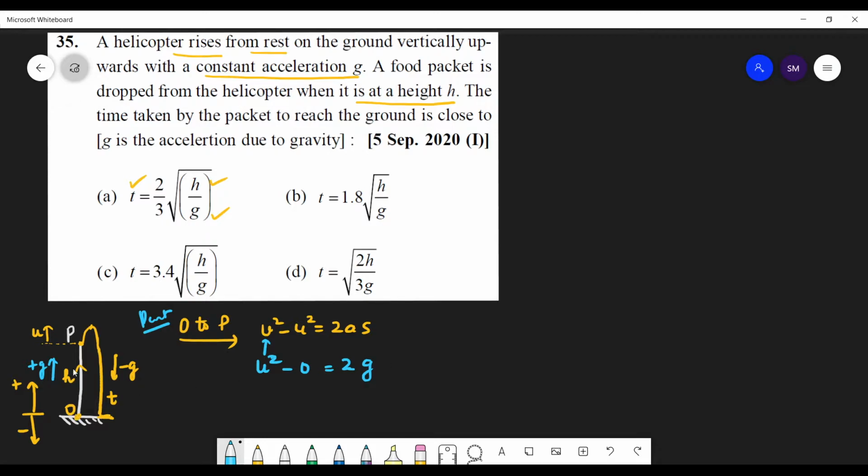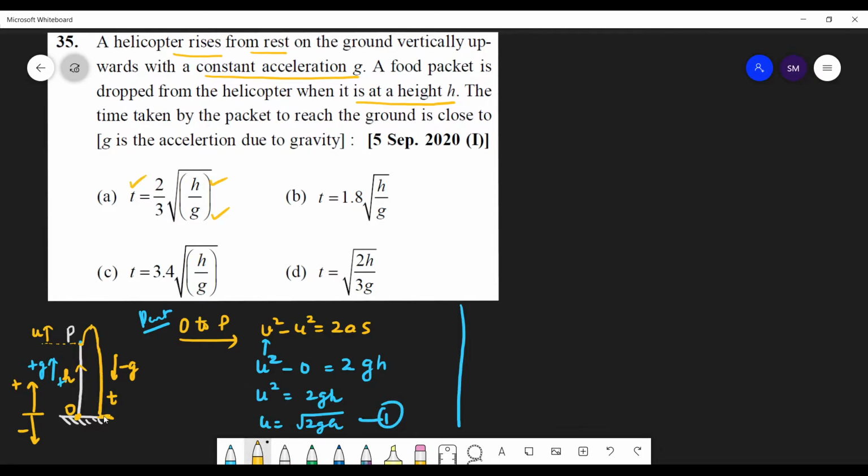Height also is upward, positive, so this is also positive, so plus h. So you have got this equation, and by this equation you have got this velocity, the initial velocity for the second part. So u square is equal to 2gh, and you can write u is equal to under the root 2gh. That's not a new thing. So that's equation number 1.